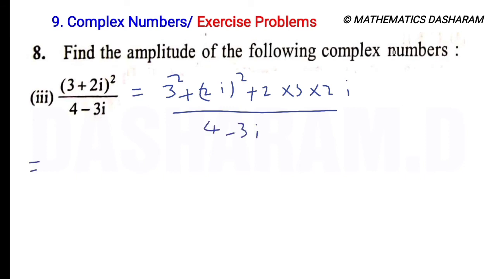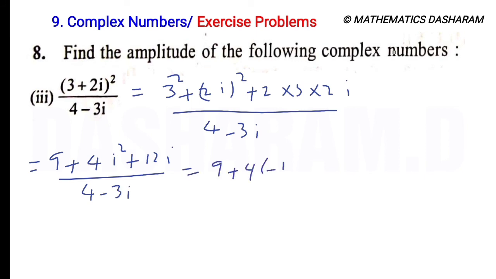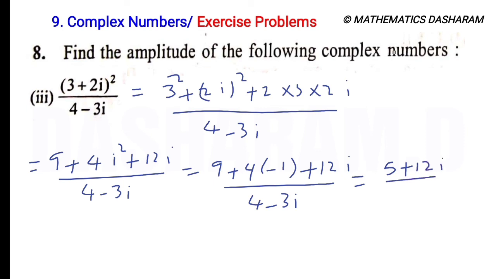So it is 3 square 9, 4 into i square, plus 2 threes are 6, 6 twos are 12i, divided by 4 minus 3i. So 9 plus 4 into i square value minus 1, plus 12i, divided by 4 minus 3i. So 4 into minus 1 is minus 4, and we get 5 plus 12i divided by 4 minus 3i.